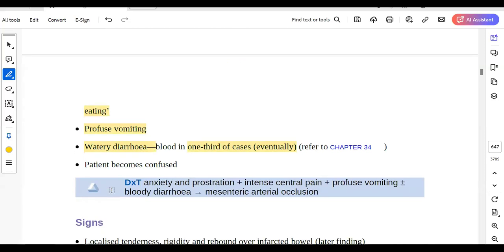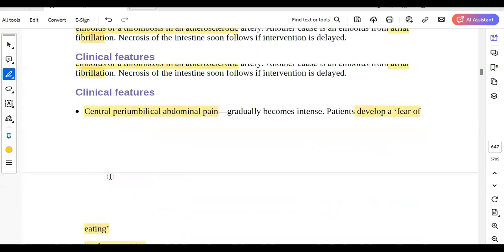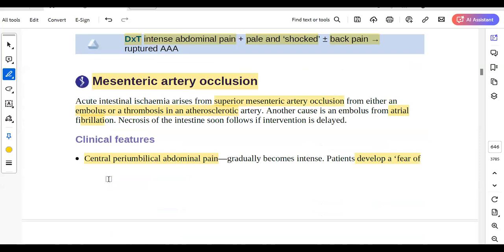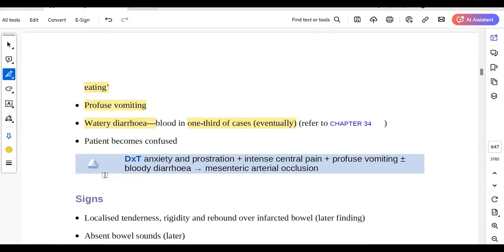And at some point, the patient can be in confusion. So again, if you know how this case usually presents, with mesenteric artery occlusion the patient will be an elderly patient, most of the time above 60, with known atrial fibrillation, coming to you with a sudden onset of central periumbilical pain, gradually getting worse, profuse vomiting and diarrhea.